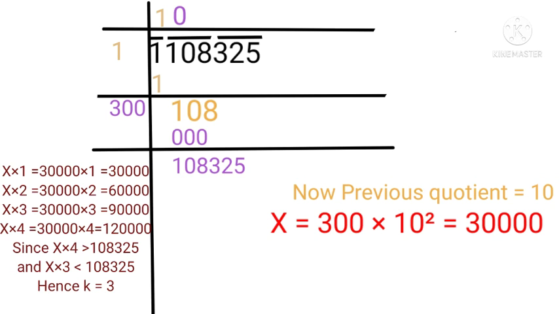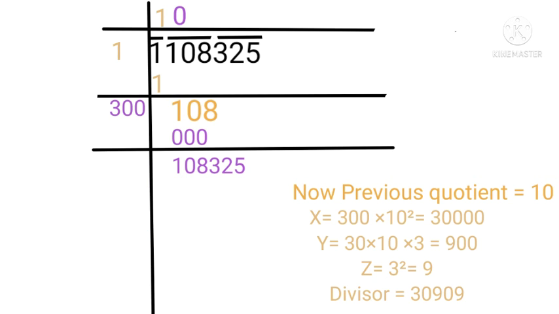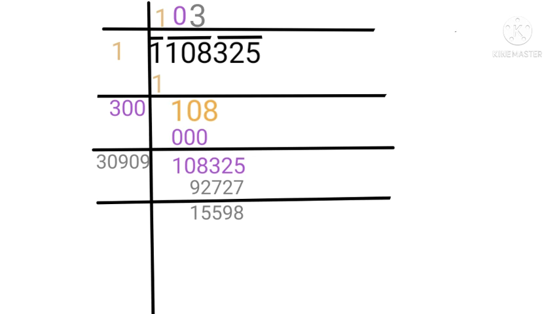Here k is equal to 3, hence the values of x, y and z are 30,000, 900 and 9 respectively. Therefore our divisor is 30,909. Now carrying out the division, multiplying the divisor with k, which is 3 here, we get the remainder as 1,598, which is going to be our new dividend.